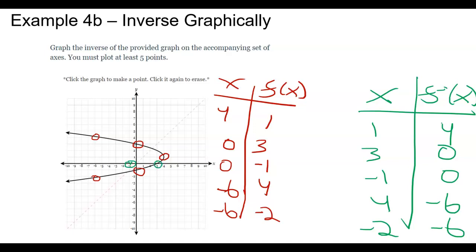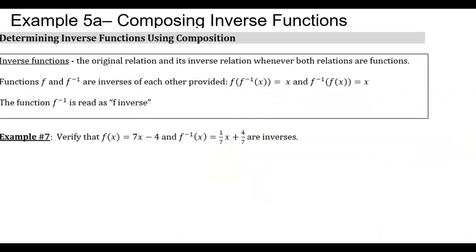Oh, took away my 1, 4. 4, -6. So once again, your guys's would just be little dots, but it would look something like that. So basically, you take the original, find points, inverse the points, and then that allows them to become the inverse function.